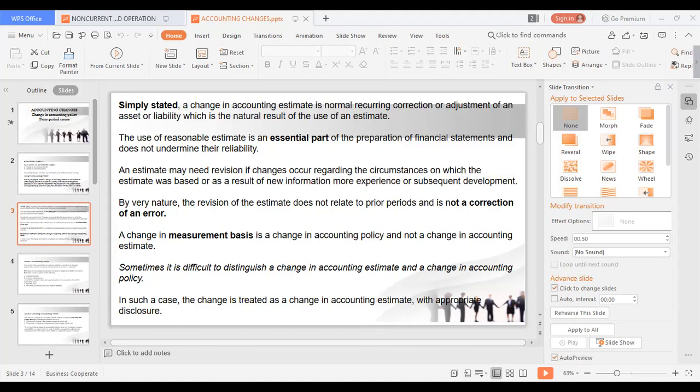That's correct, not 22. January 1, 2020. So the carrying amount is 2,560,000 before adjustment in the change in the estimated life.